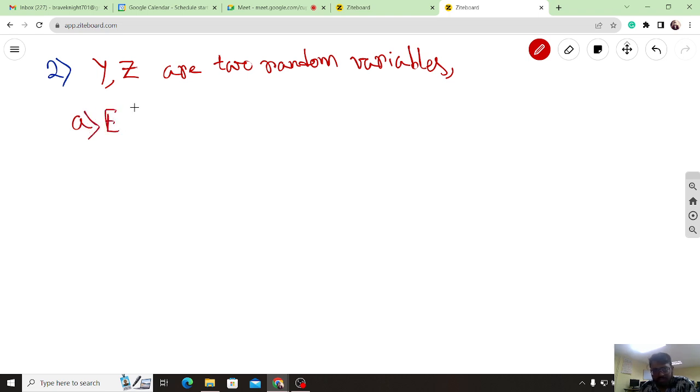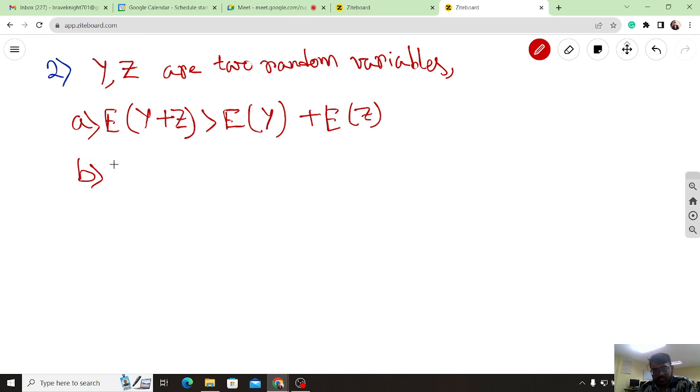The first option is expected value of summation of these two random variables is greater than expected value of Y plus expected value of Z. Option B is less than the summation of individual expected values.